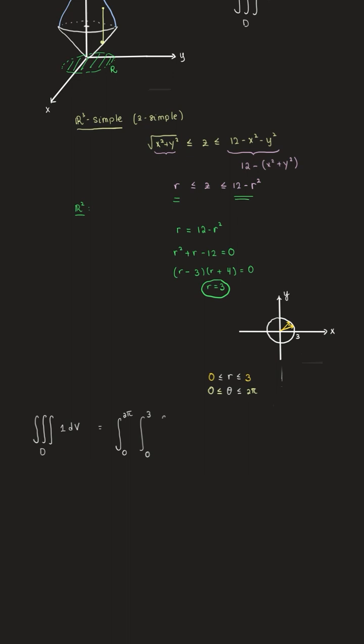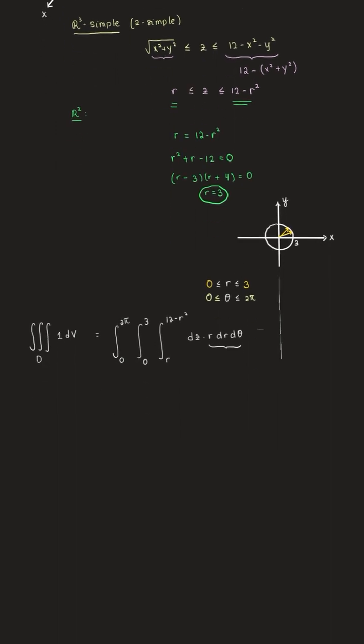And our innermost integral for z, we've already converted to polar coordinates, so that will go from r to 12 minus r squared. And we've got dz times r dr d theta. Don't forget the r for our area element in polar coordinates.